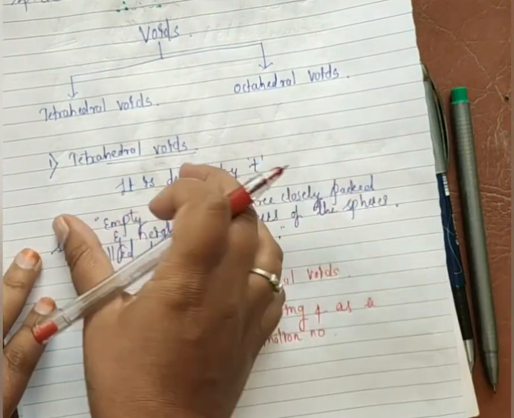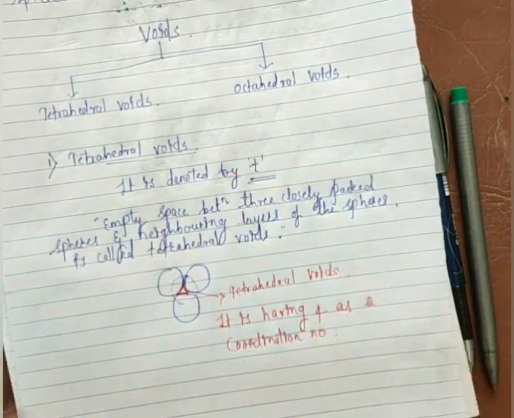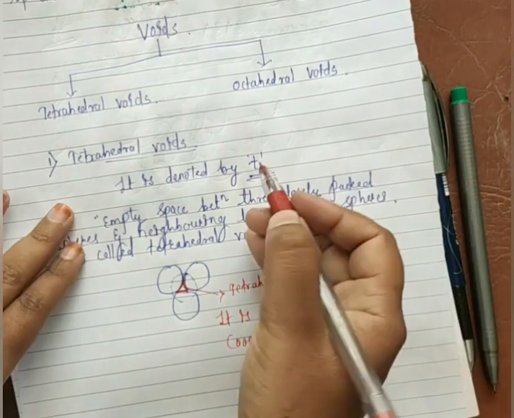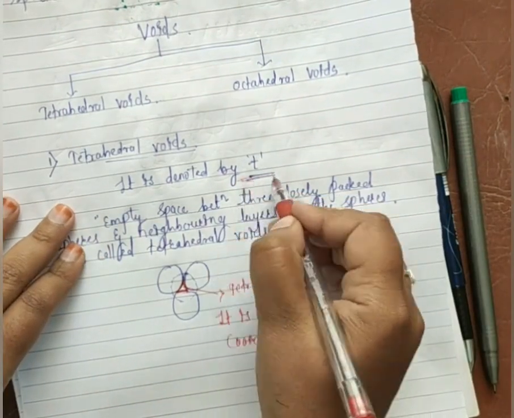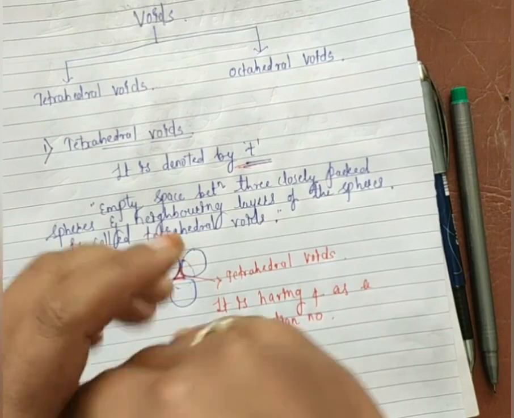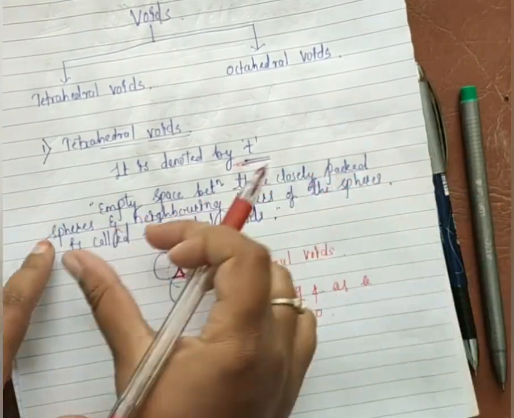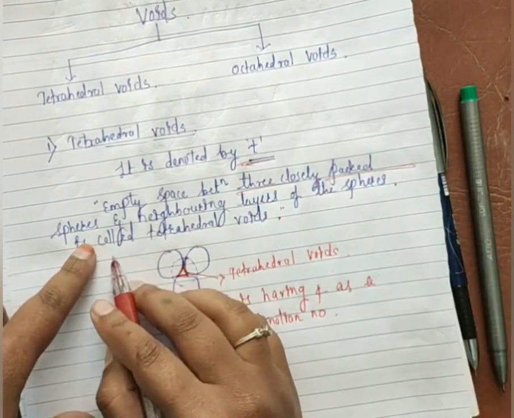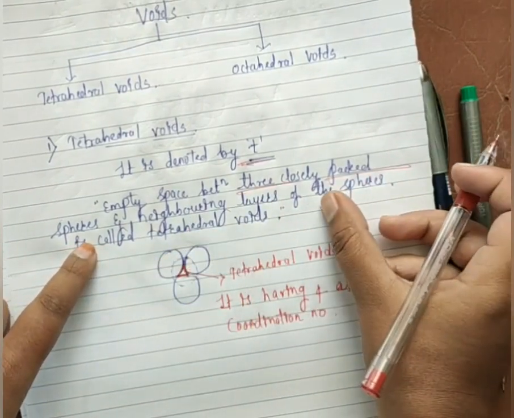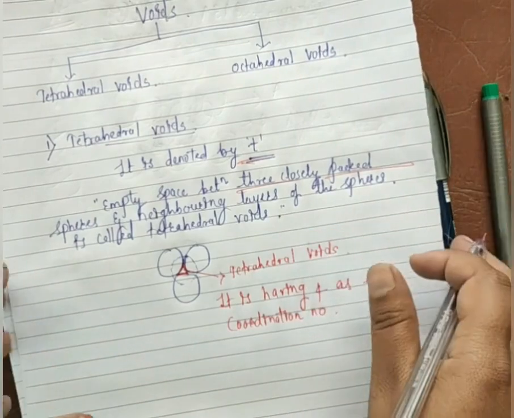Now what is meant by tetrahedral void? It is denoted by T, and it is the empty space present between the 3 closely packed spheres and the neighboring layer of spheres.